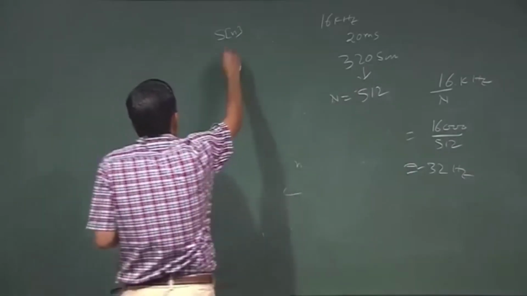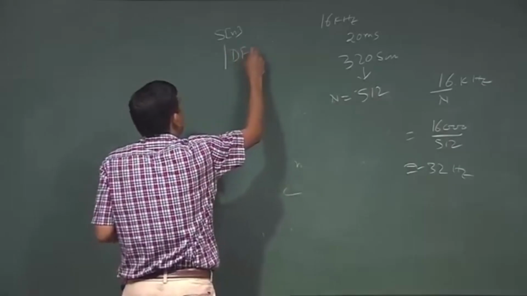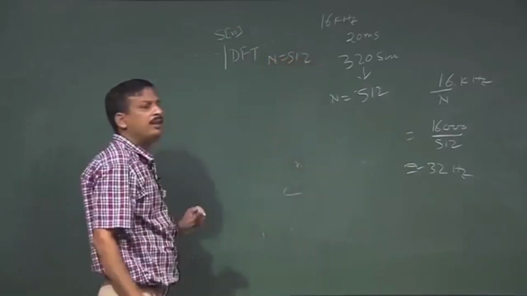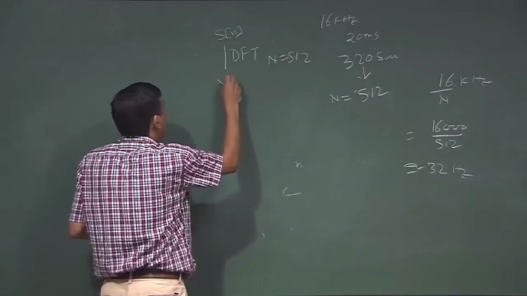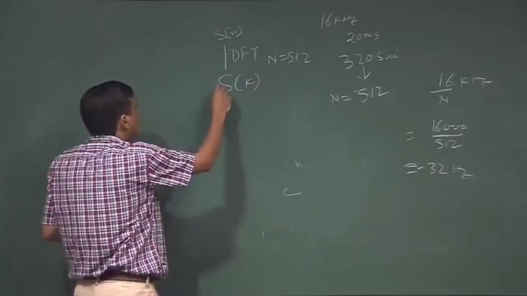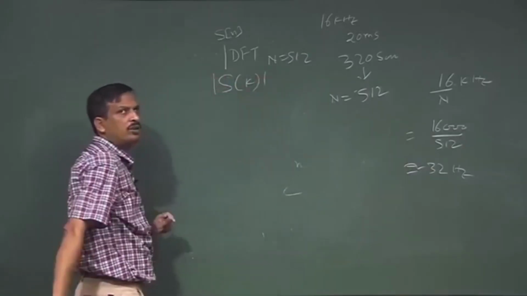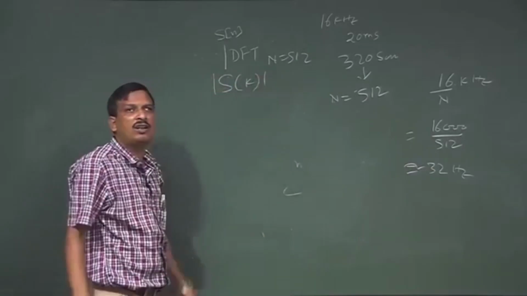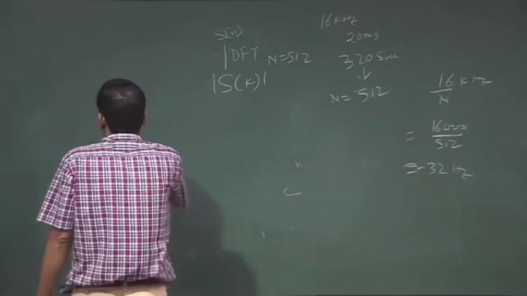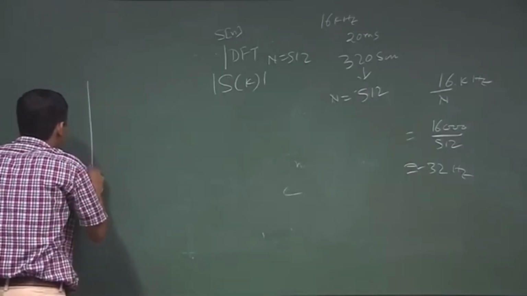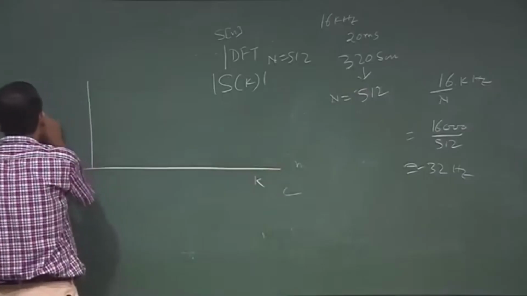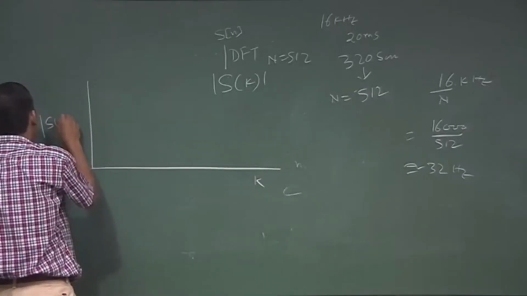So, if I take the DFT with n equal to 512, then I get Sk. Once I get Sk, I can take the mod of Sk, which is nothing but the square root of real square plus imaginary square. Then I want to plot it. This axis is my k axis and this axis is my mod of Sk.